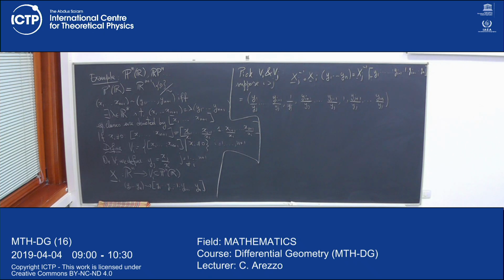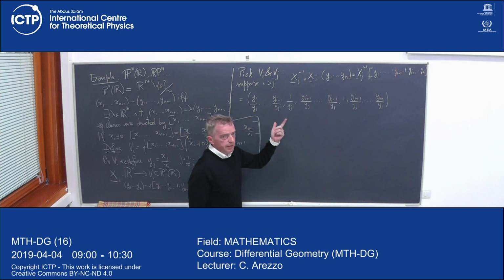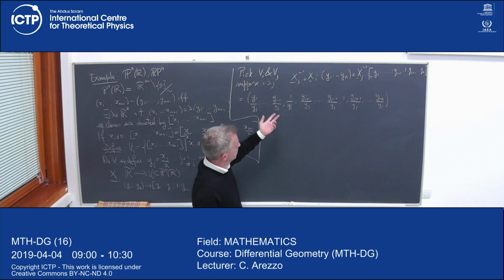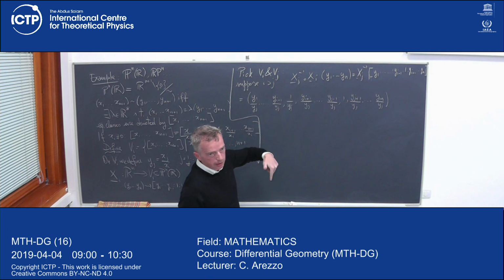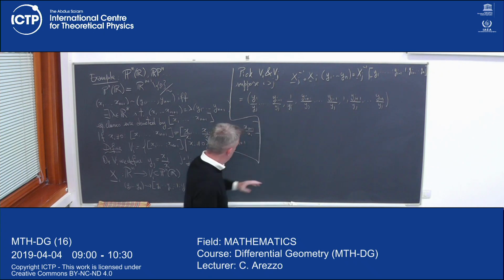Now, the question that the definition of the differentiable manifold asks is whether this function is differentiable. Well, the answer is no in general, but yes on the right domain. I'm dividing by something.